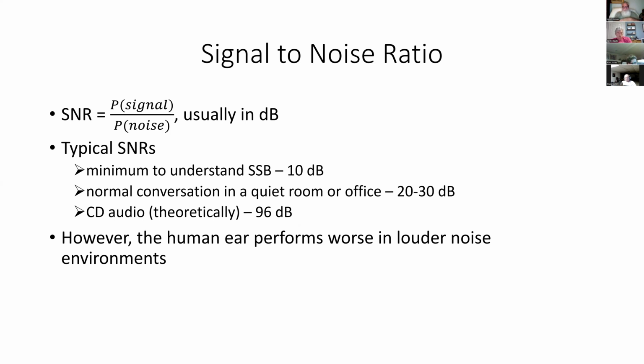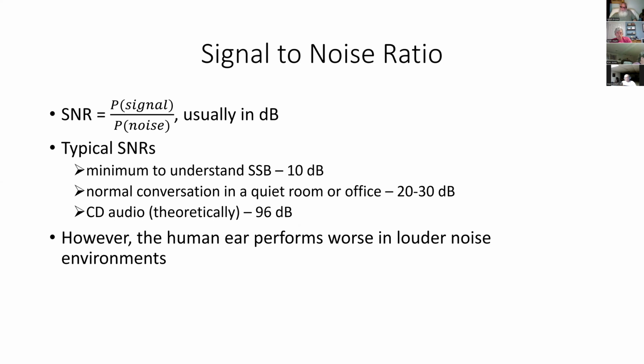If the background noise, for instance in your family room or in your bedroom, is 30 dB below your voice level, then you can understand another person perfectly well, and in fact, you can speak more quietly.